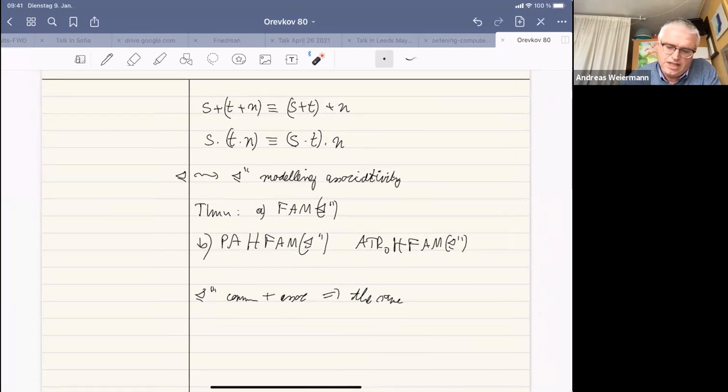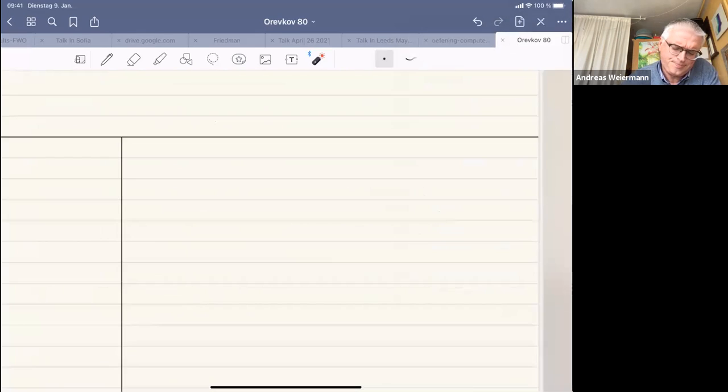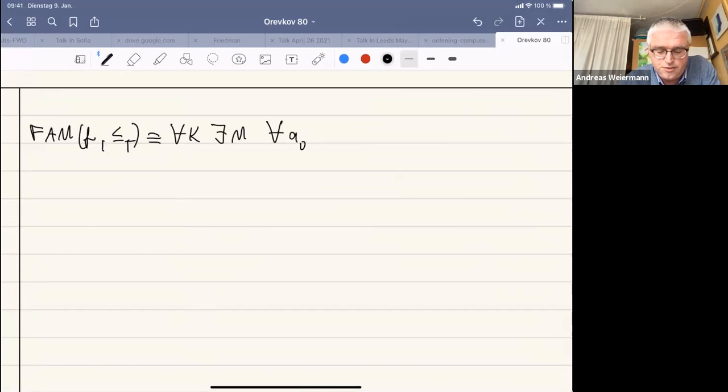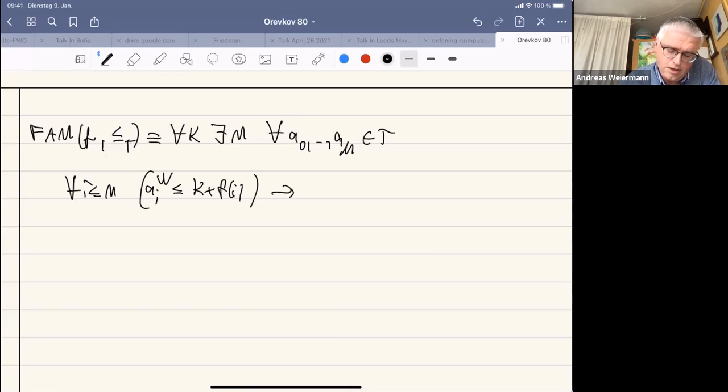Now, phase transitions can be done for this situation. So what is a phase transition? I write down a principle, FAM, with respect to a function f. It's a statement in the relation less than or equal to. The following principle: for every k, there is an m such that for all sequences of terms, if for all i less than or equal to m, the value of a_i is bounded by k plus f of i, then there exist i less than j such that a_i is in relation with a_j, and j is bounded by m.